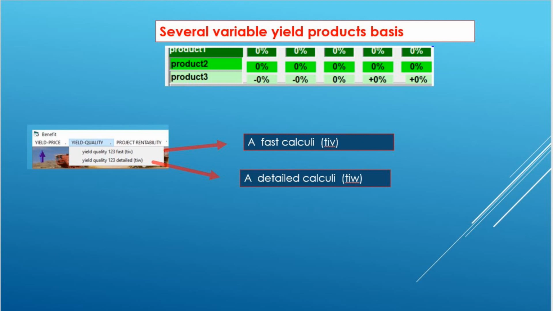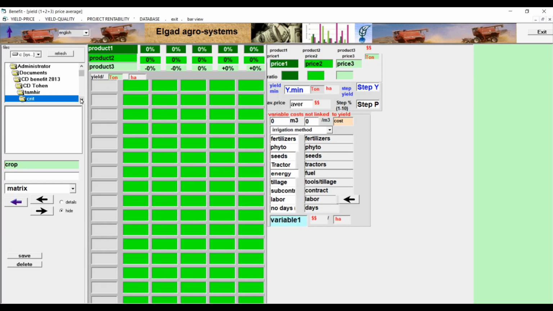We have an example here also where we have 3 different types of product that we are producing, in a model of yield quality. So let us enter the example of yield quality, first with the rapid one, with the fast calculation. Let us see an example of, for instance, melon.